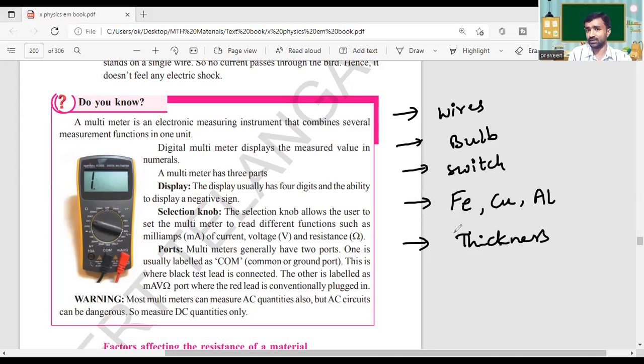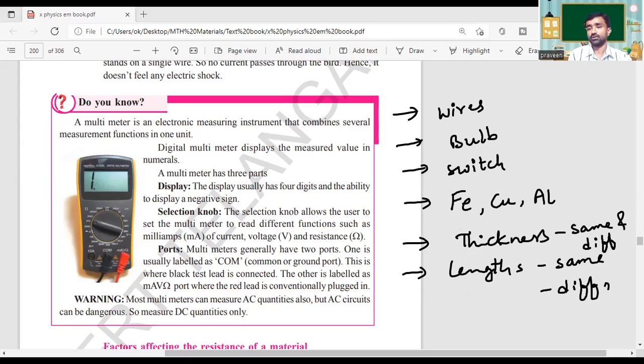Lengths, you need to collect the same and different. Thickness also the same and different. While you are changing thickness and length, depend on only one material. No need to change the material nature here.